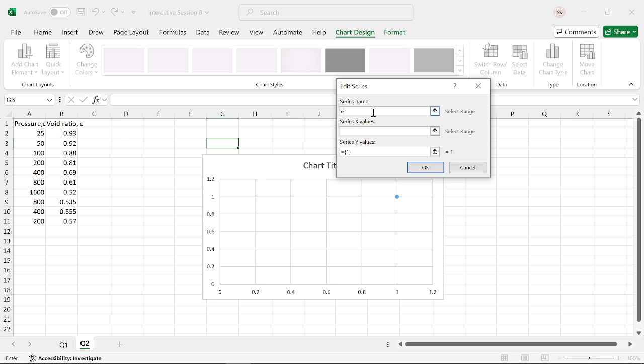And this is again e versus log of effective stress.